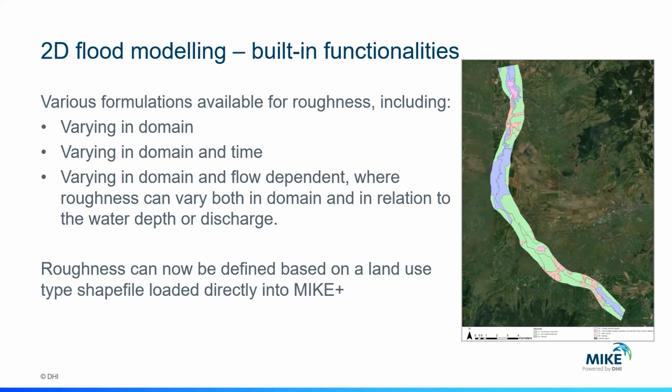So these kinds of landscape changes can be taken into account by varying the roughness coefficient in time. And the third option would be to consider the roughness coefficient varying in domain, but also dependent on the flow. So we can consider the roughness variable in the domain, but also variable in relation to the water depth or the discharge flowing through an area.